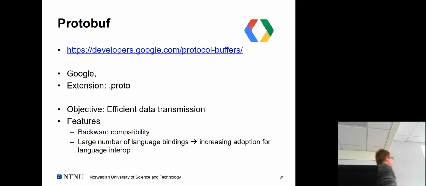Another aspect was also the expectation that this was so focused on performance that there was a continuous progression in terms of specification. It means that it needs to retain backward compatibility, right? So this standard should just move forward, but retain compatibility to all older versions. And then, of course, it needs to have a large number of language bindings, which Google ensured in two ways.